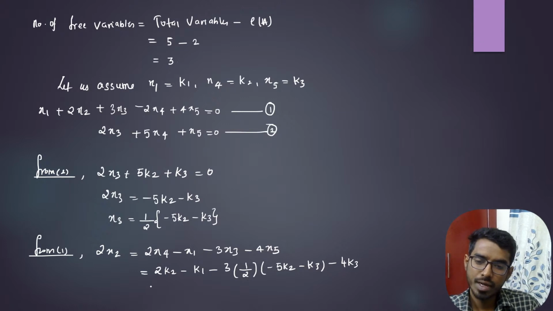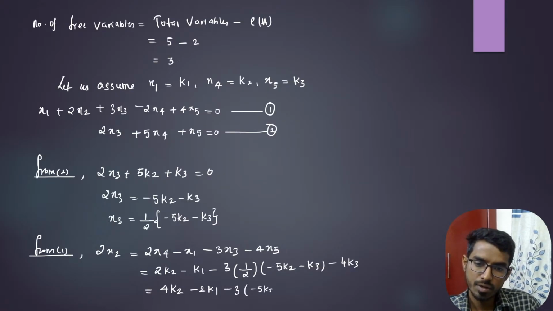So from this you can solve. I'm just taking the LCM: 4k2 minus k1, minus 3 times minus 5k2 minus k3, minus 8k3, whole divided by 2.